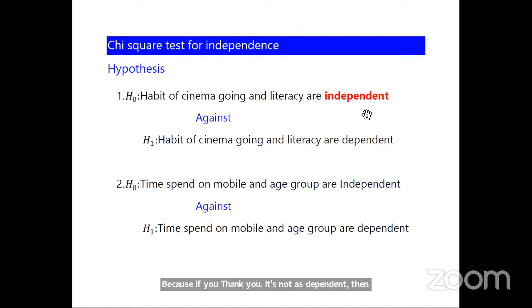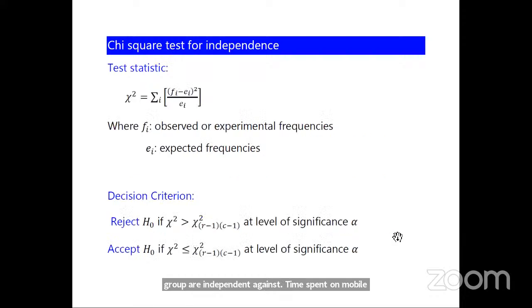Okay, they are completely wrong, reverse. So you should be very careful while formulating your null hypothesis. Again, second hypothesis is time spent on mobile and age group are independent, against time spent on mobile and age group are dependent.